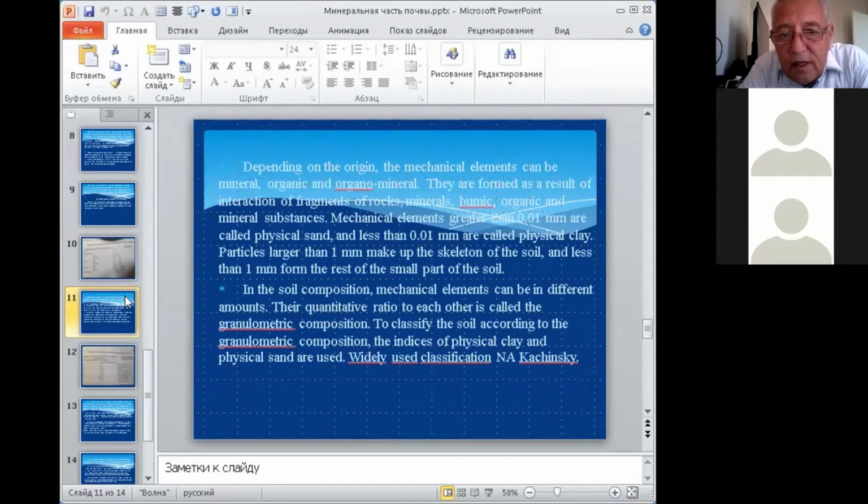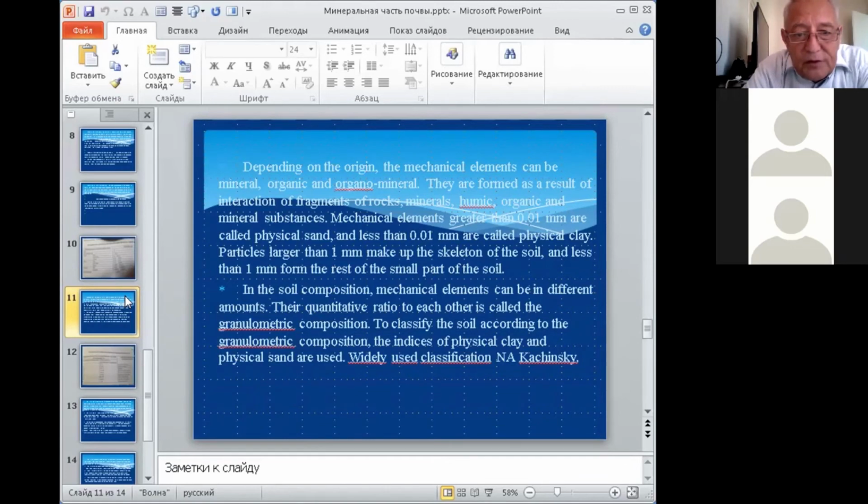Mechanical elements greater than 0.01 millimeter are called physical sand, and those less than 0.01 millimeter are called physical clay. Particles larger than 1 millimeter make up the skeleton of the soil, and those less than 1 millimeter make up the fine earth.